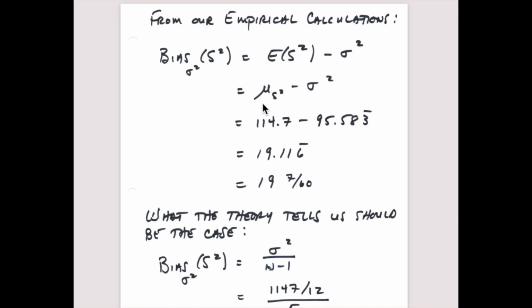We know both of those now. We know that the mean of the sampling distribution of S squared is 114.7. We also know that the population variance is 95.583. The difference is 19.116 repeating. If we were to round that to 3 decimal places, it would be 19.117, obviously. We can also express this as 19 and 7/60ths.